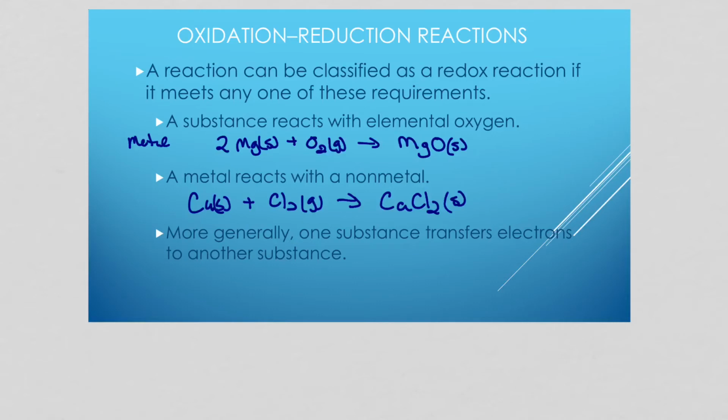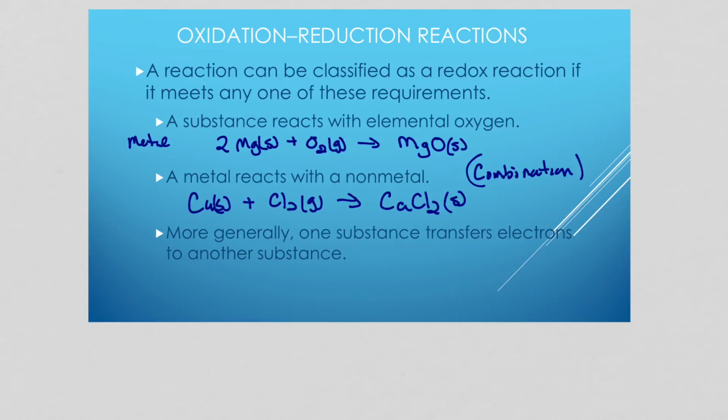Now, both of these fall under a general category called a combination reaction. As we've gone through, we saw that precipitation was a double displacement type reaction. These are combination reactions. And at the end of the talk today, we'll talk about these different categories of reactions.